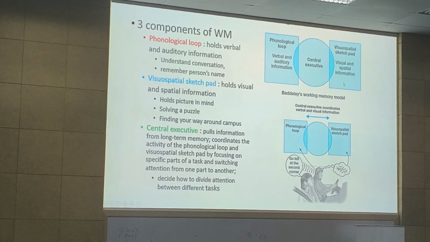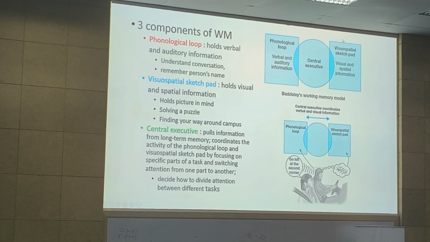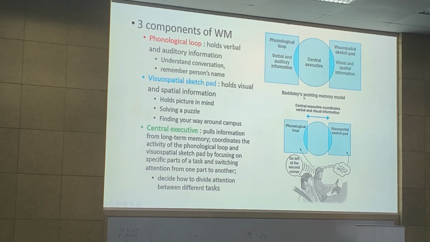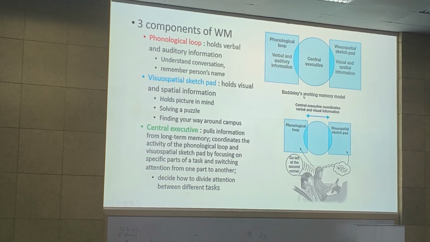Okay, so this is basically a scenario that we have covered in our lecture that covers the integration and the use of these three different memory components, at least from the working memory perspective.